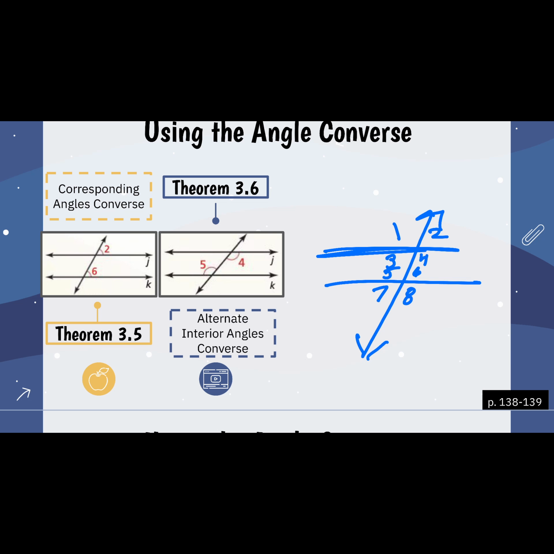So with theorem 3.6, alternate interior angles, it's saying, hey, if we have alternate interior angles, if they show a picture and it says angle 4 and angle 5 are the same, they're congruent, then we can know that line J and line K are parallel.